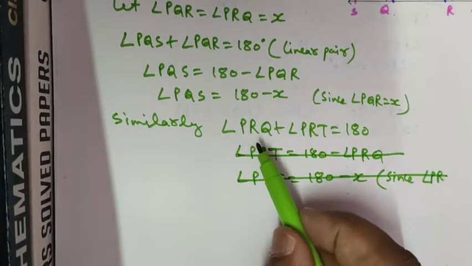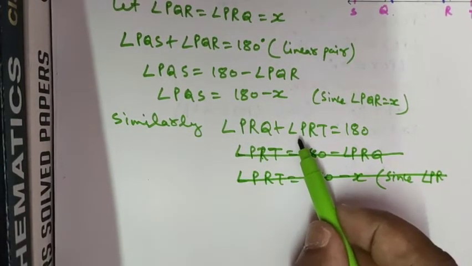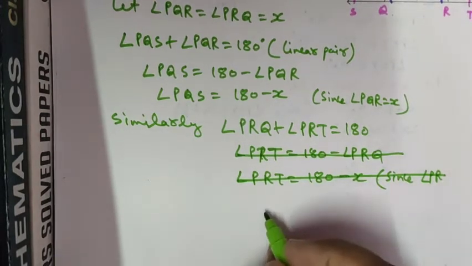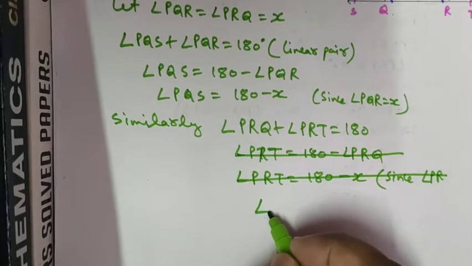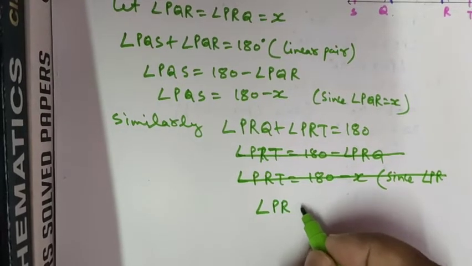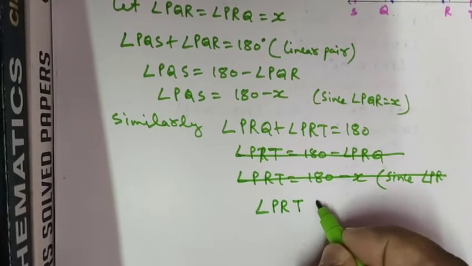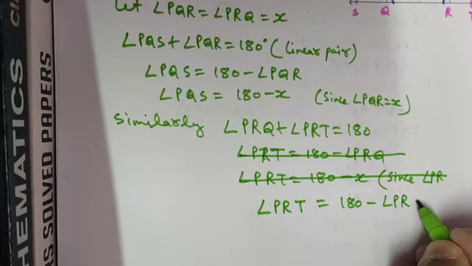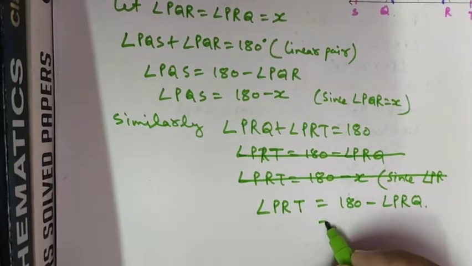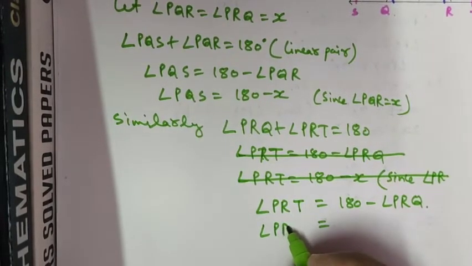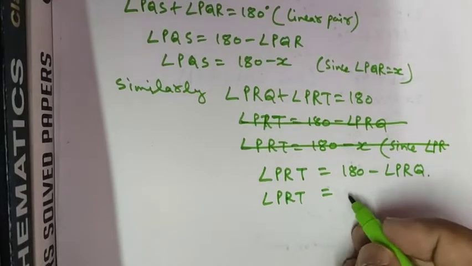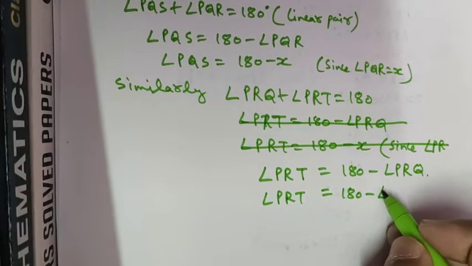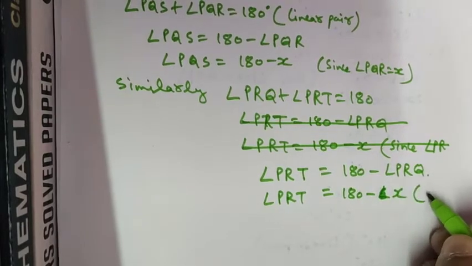Similarly angle PRQ plus angle PRT is equal to 180. So angle PRT is equal to 180 minus angle PRQ, or angle PRT is equal to 180 minus X. Why?